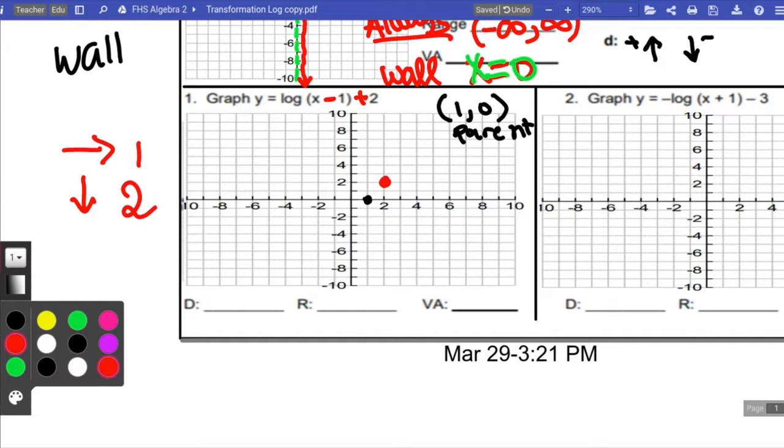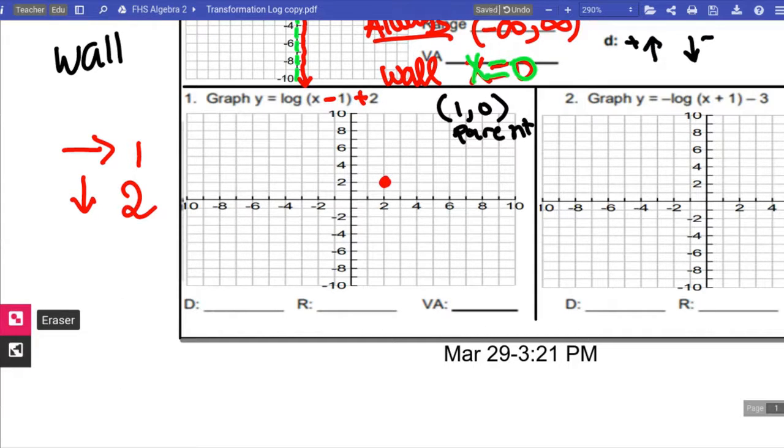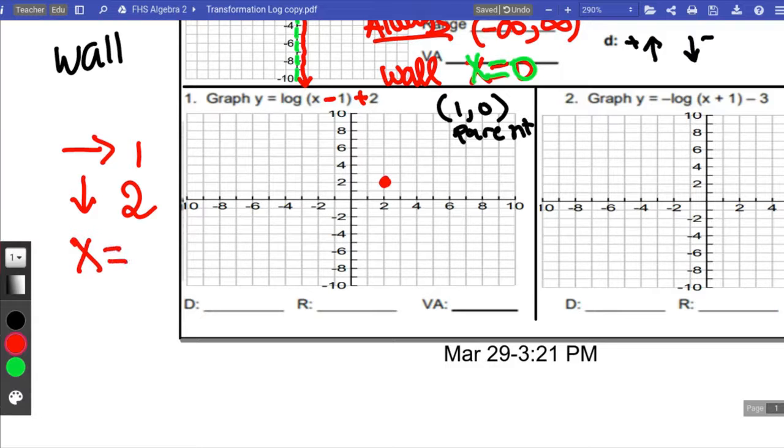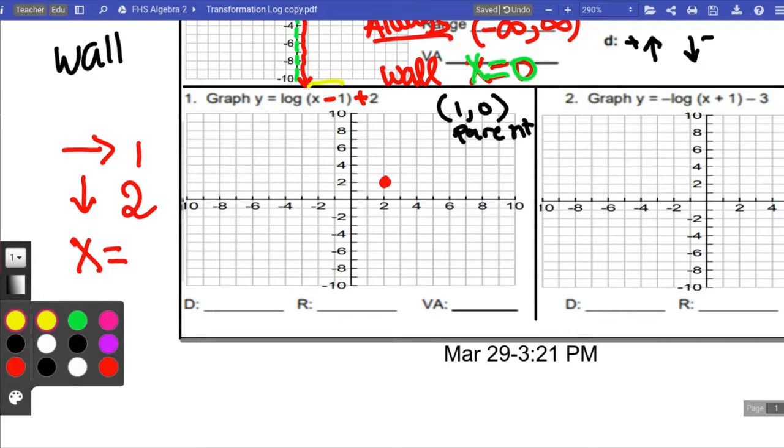All right, let me get rid of the old one. Boom. Also, where would my wall, my asymptote, be located? It's the opposite of what's inside.